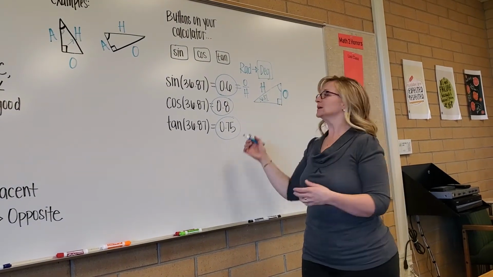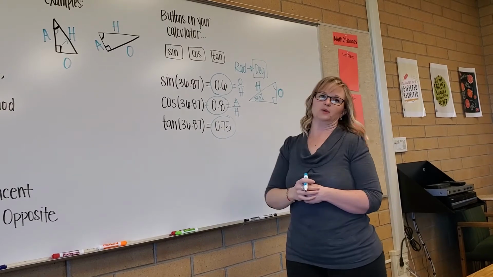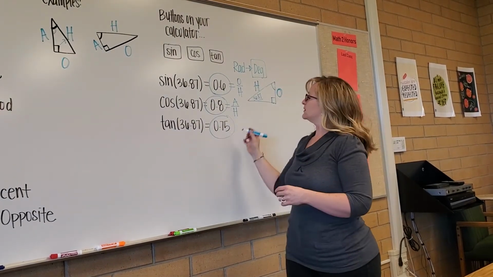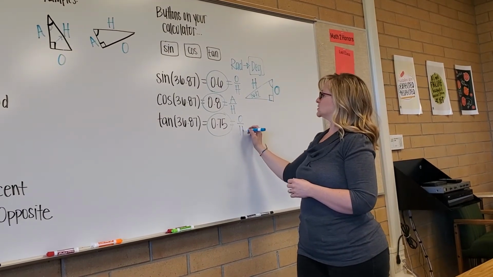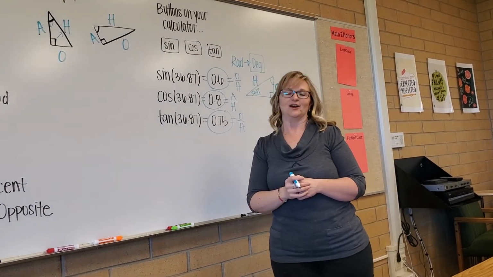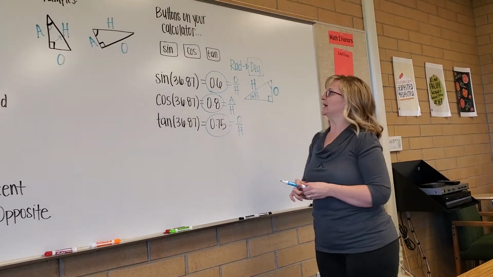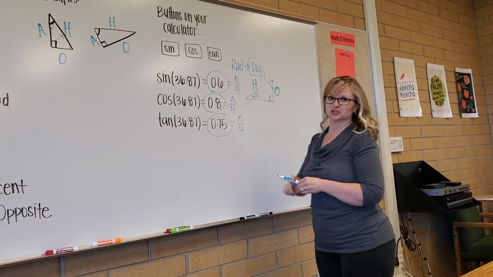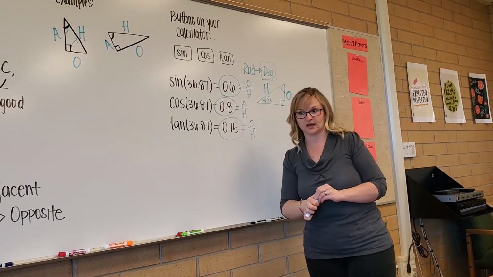Cosine, same idea, but it's going to give you the ratio of the adjacent side to the hypotenuse every time. And then tangent is going to give you the ratio of the opposite side to the adjacent side, again, every single time, okay? We are going to practice just writing the fractions or writing the ratios. We will get more into using your calculator next lesson.